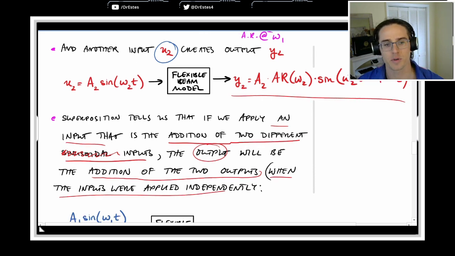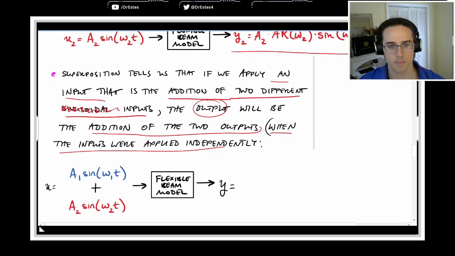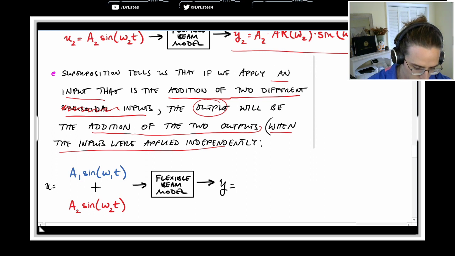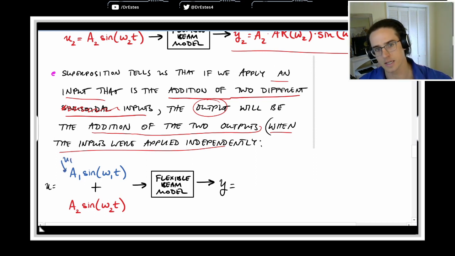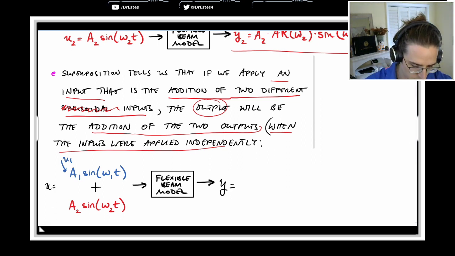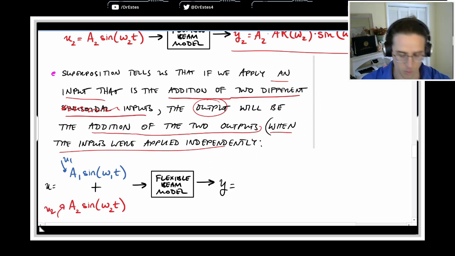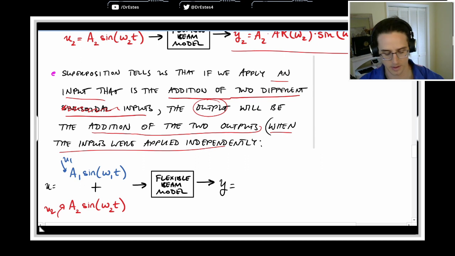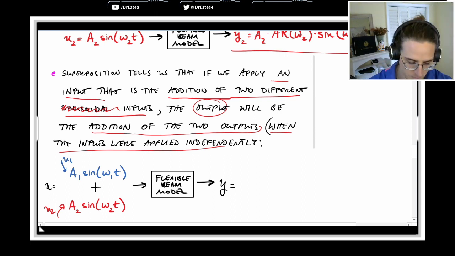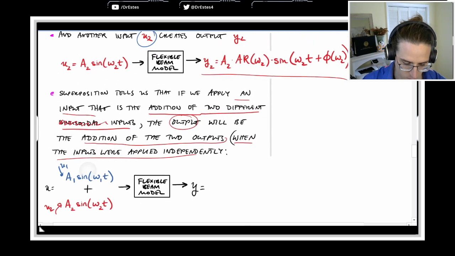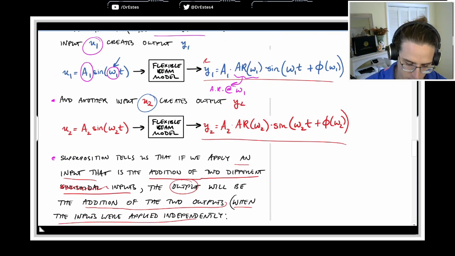Okay, so to make more sense of this, go back to our example. This one is U1, A1 sine omega 1t. This one is U2. So what if we make a combined input that's just the addition of these two? A1 sine omega 1t plus A2 sine omega 2t. What is the output going to be? Well, actually, I'm going to use the luxury of copy and paste here.